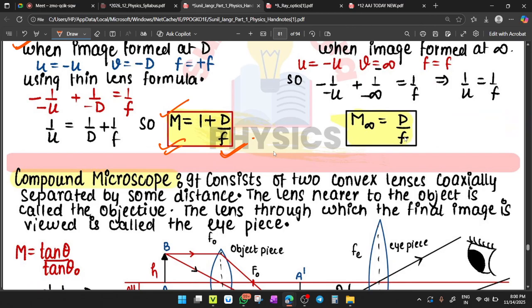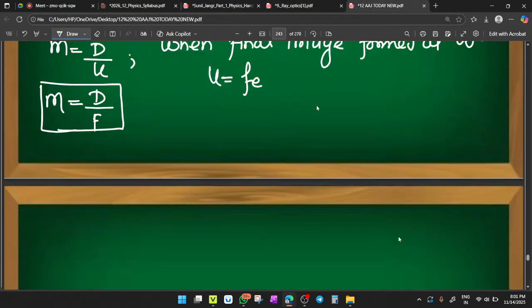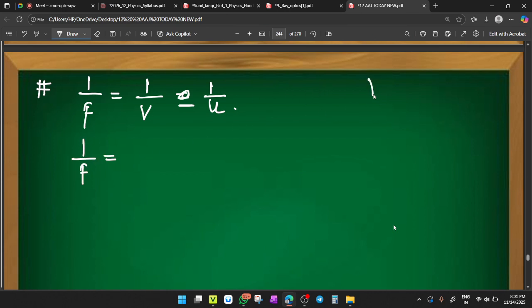You can also develop this case by this rule: 1 upon f equals 1 upon v minus 1 upon u. This is the normal lens formula. Now, if your image is formed at infinity, then v is equal to infinity, minus 1 upon u.